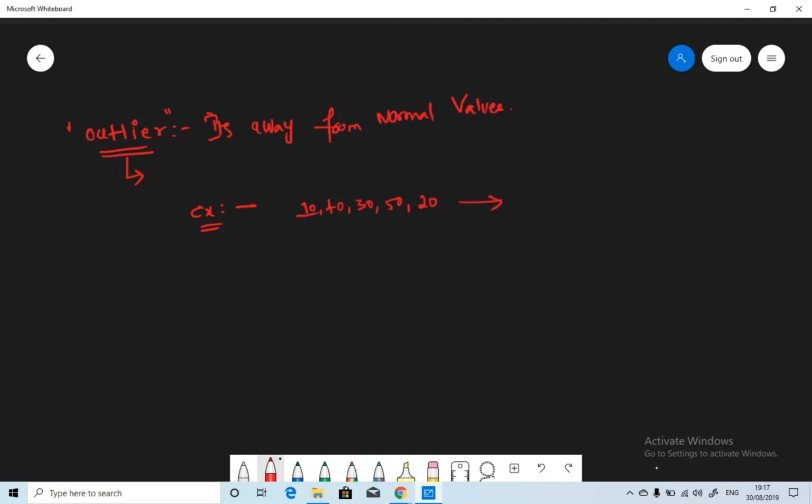What is my average here? 10 plus 40 plus 30 plus 50 plus 20, divided by 1, 2, 3, 4, 5. Right? What is the answer? 150 by 5. 30 is my average.